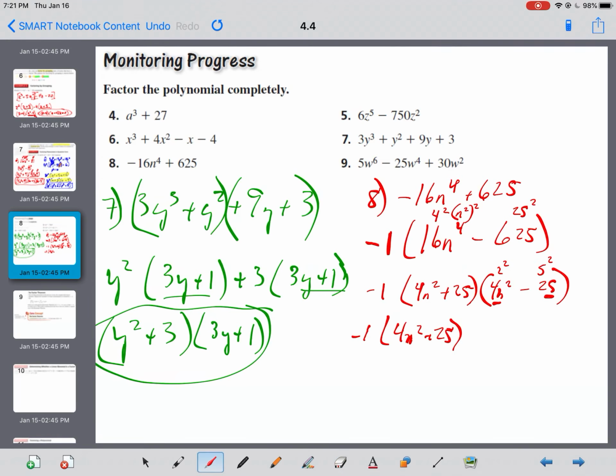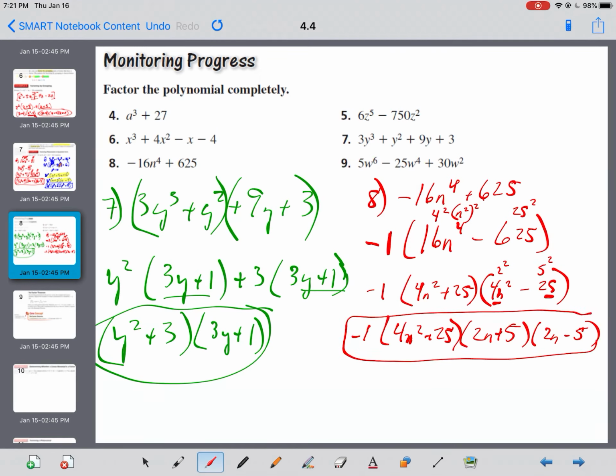That's supposed to be a 2. And we get 2n and 2n, 5 and 5, one's plus, one's minus. And we are done with number 8. -1, 4n squared plus 25 times 2n plus 5 times 2n minus 5.